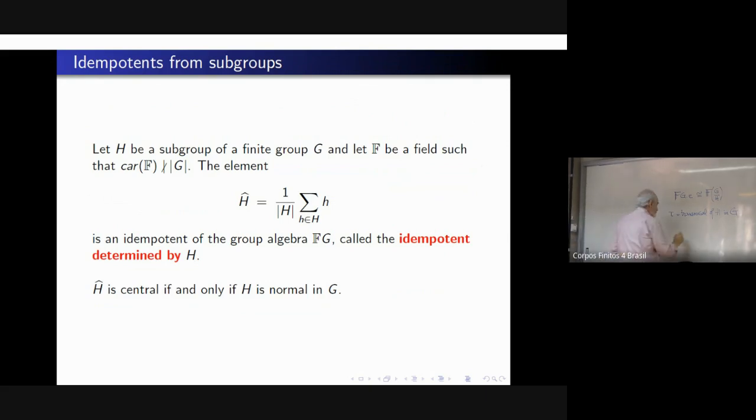And then it's easy to show that if you take H hat, this is the idempotent, multiplied by t_i, with t_i in the transversal, this is a basis of the ideal.